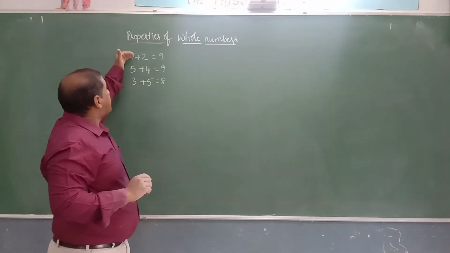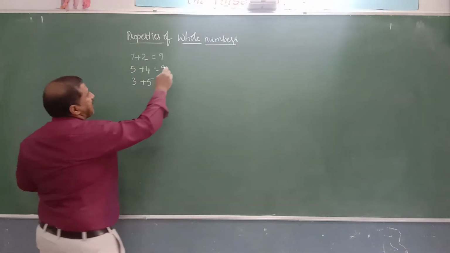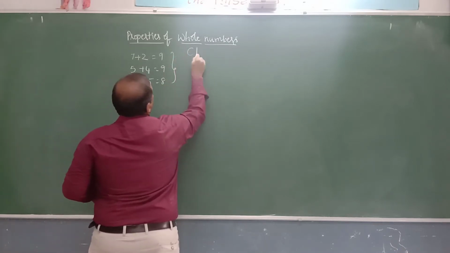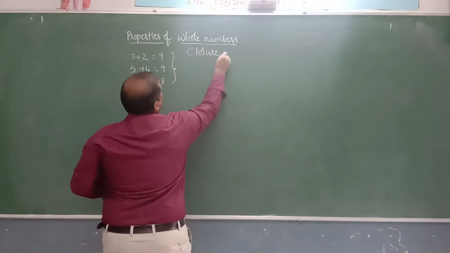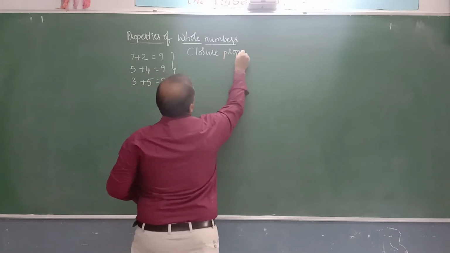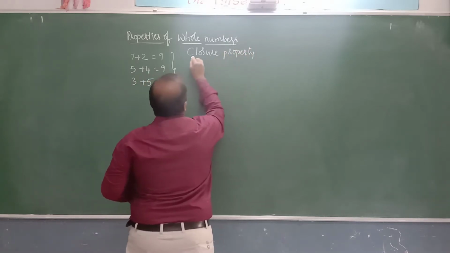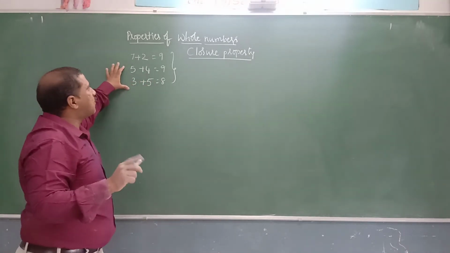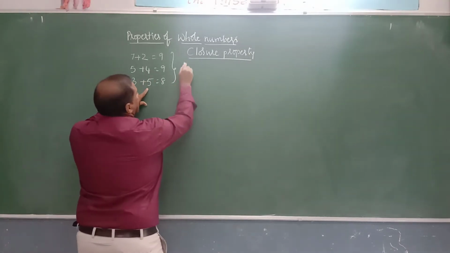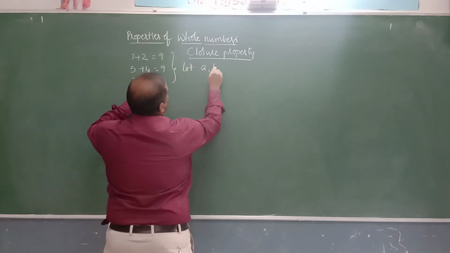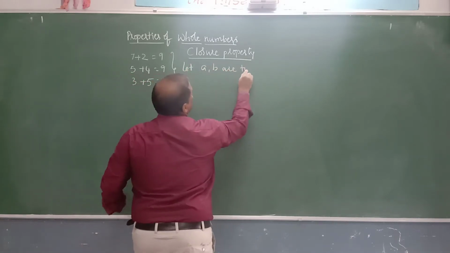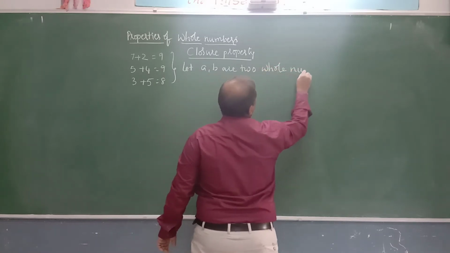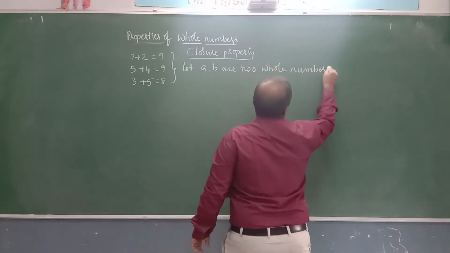So the first property is the closure property, and here we are studying closure property under addition. Let A and B be two whole numbers.